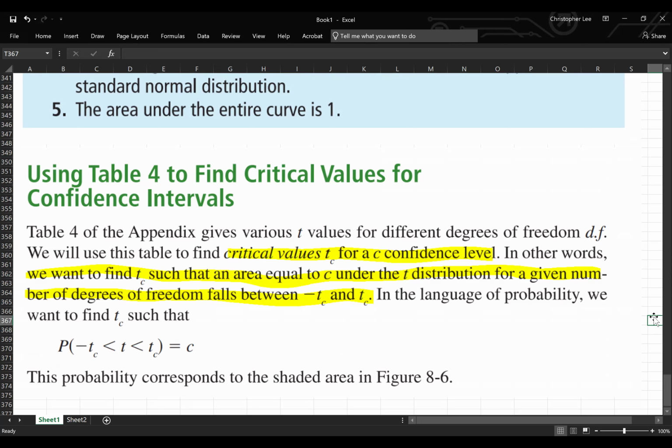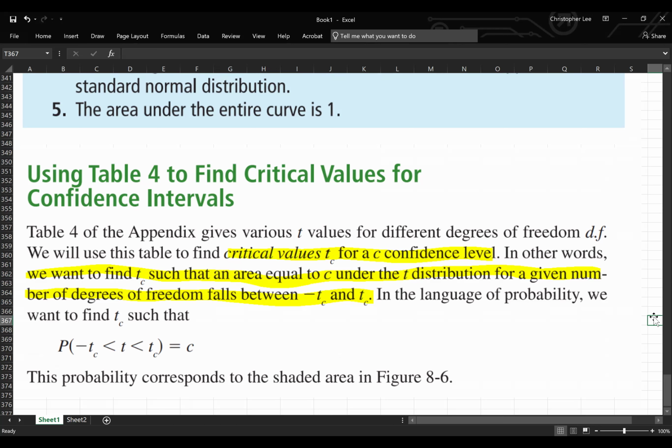It works. All right, so using Table 4 to find critical values for the confidence interval. Table 4 of the appendix gives us various t values for different degrees of freedom, df. We will use this table to find the critical values, t critical, for the C confidence level.